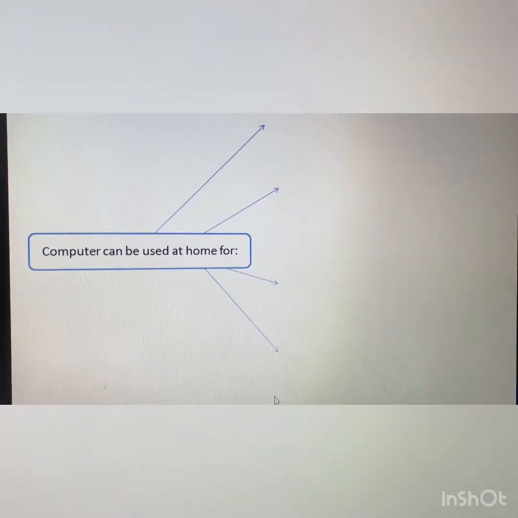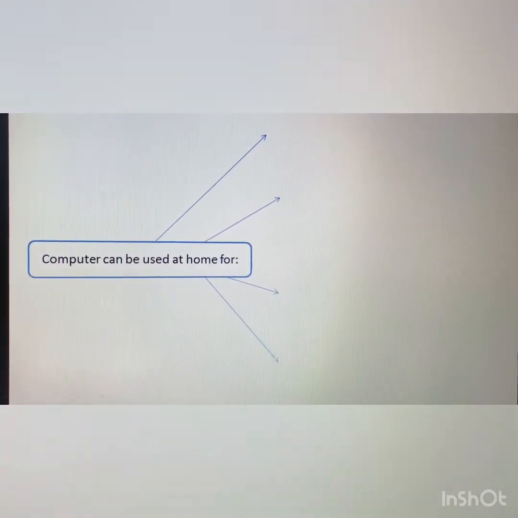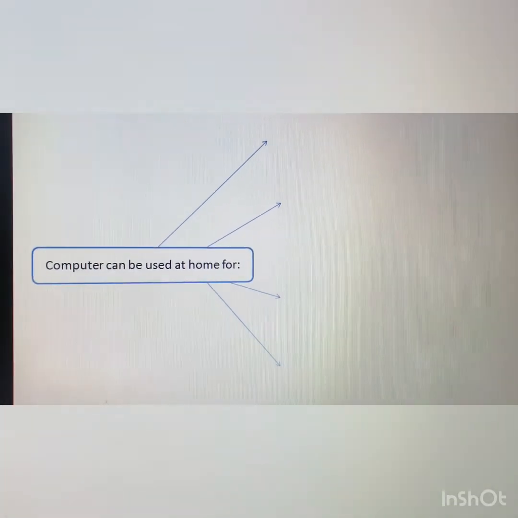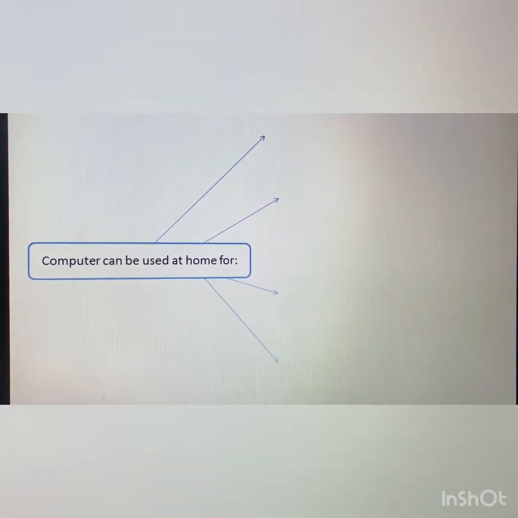So in the last class we all saw how computers are used in one place. In today's video, we are going to learn more about how computers are used in other places. Now I would like to ask you all, what are the uses of a computer at home?